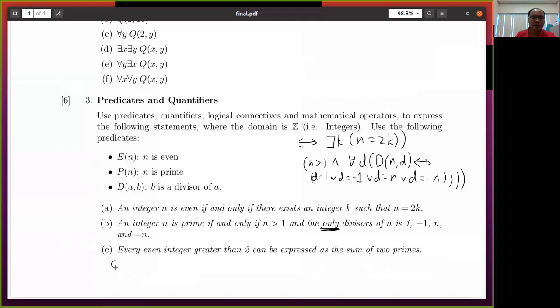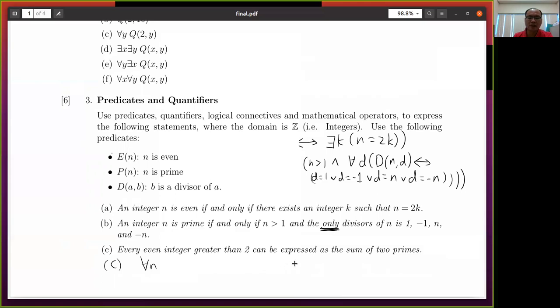And then finally, C: every even integer greater than 2 can be expressed as a sum of 2 primes. So for all n, if n is even and n is greater than 2, okay, so this says every even integer greater than 2 can be written as a sum of 2 primes.